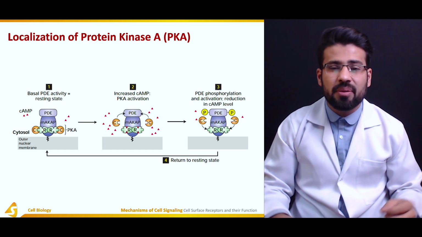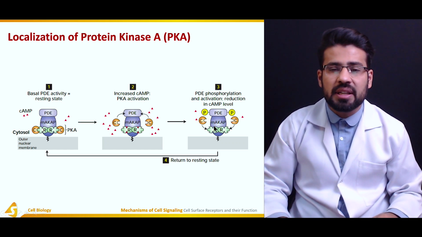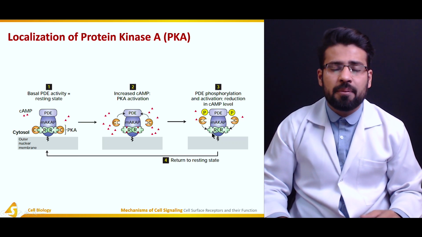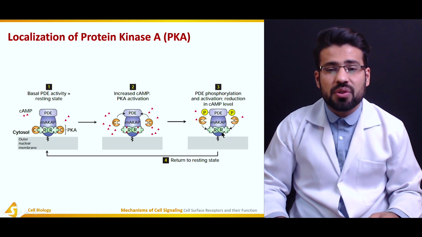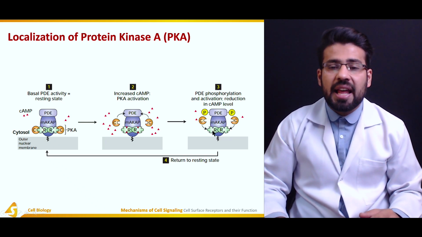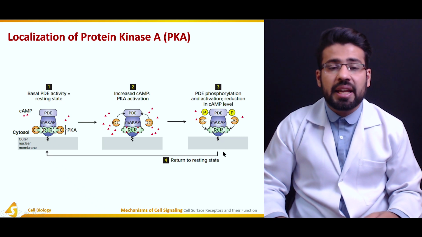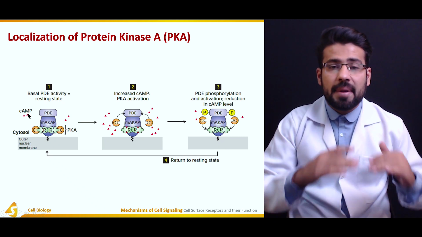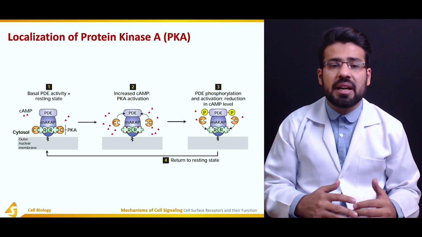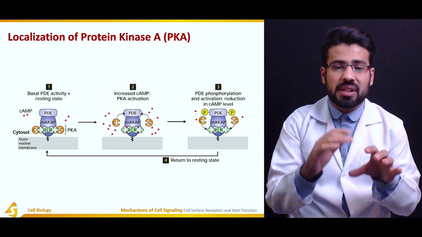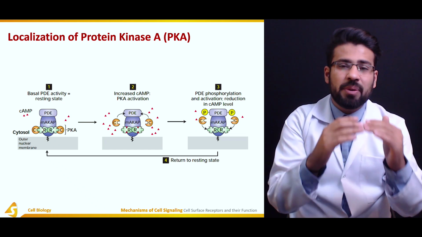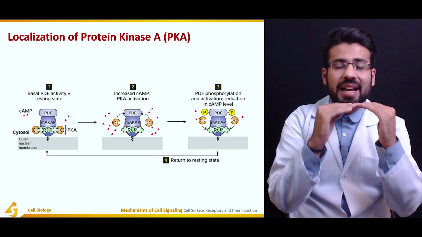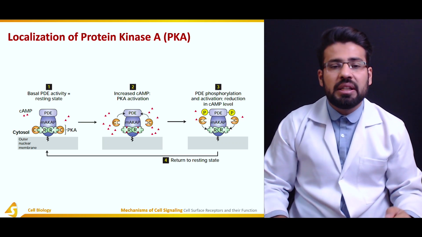These particular inhibitory portions, as shown in this diagram, are going to again mask the activated portions, the catalytic portions of the protein kinase A. And this would result in the resting stage, where the basal PDE or phosphodiesterase activity was keeping the cyclic AMP at a level below the threshold that was required for the activation of the protein kinase A.